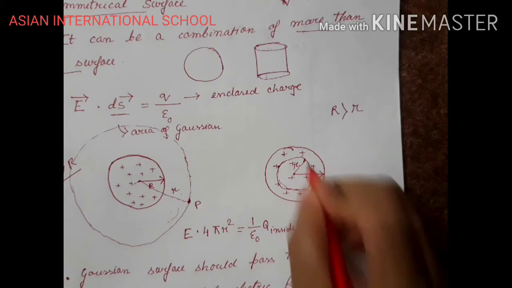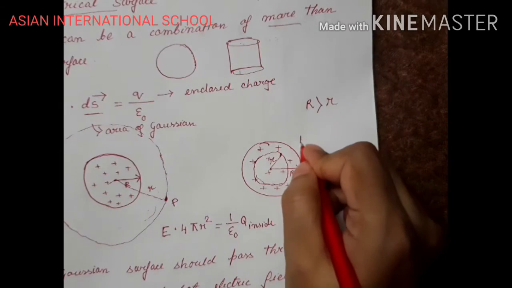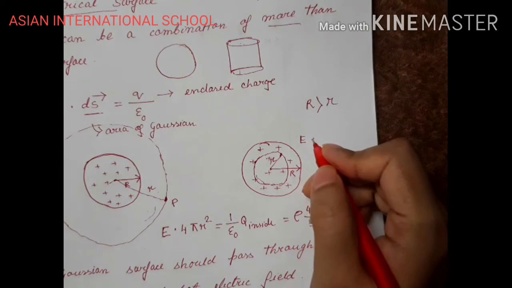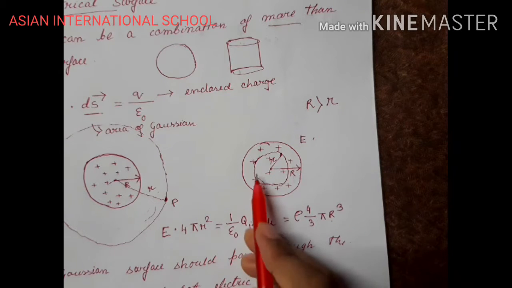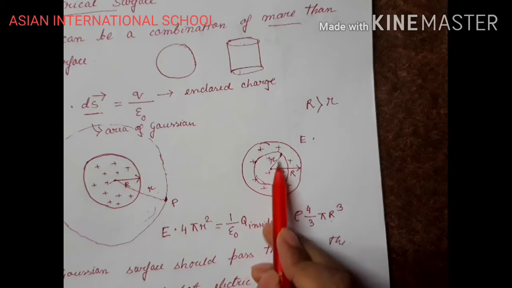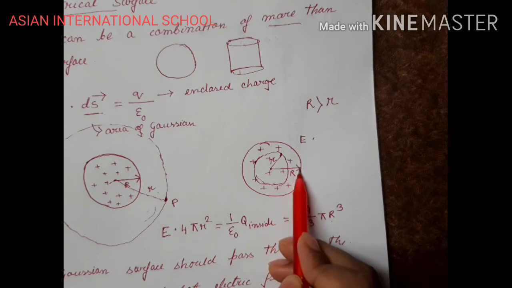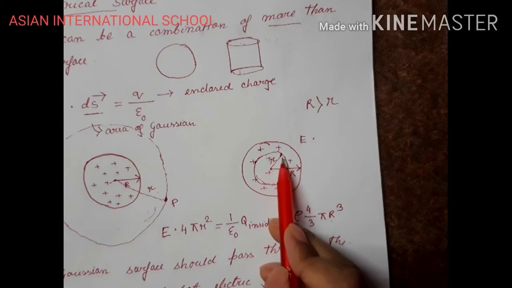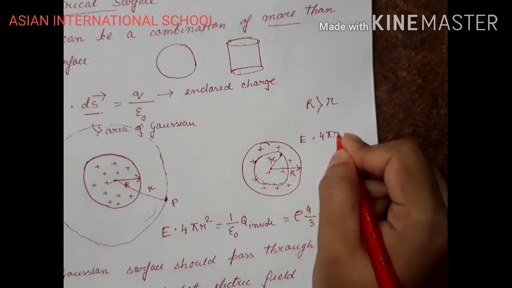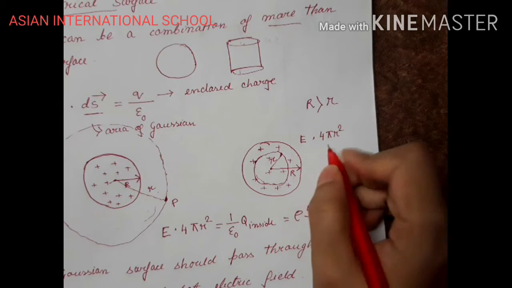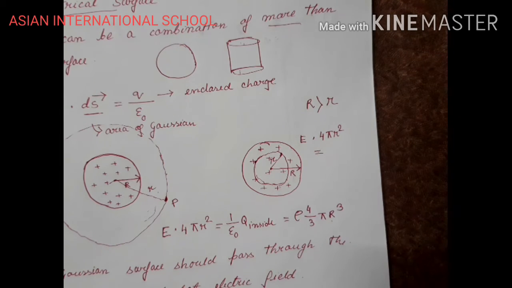Now, E into, what is the radius? Small r is the radius of the Gaussian surface, not the capital R. Capital R is the actual radius. Small r is the radius. So it will be E into 4 pi small r square, right, into enclosed charge.